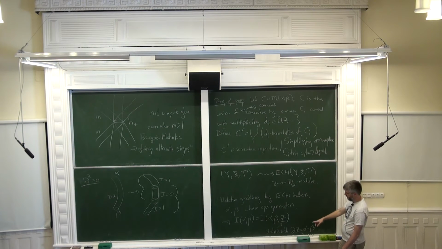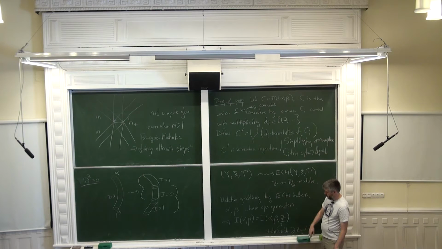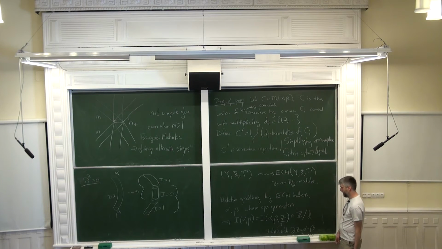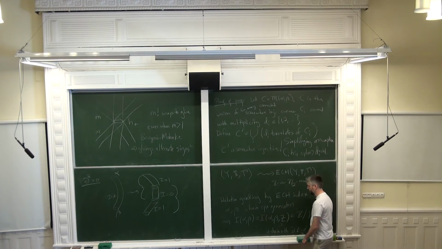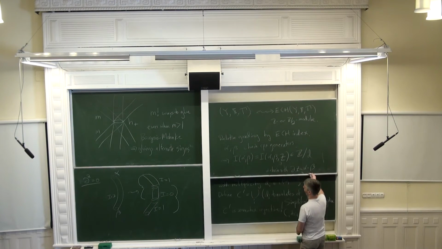So this is a well-defined number modulo something. So this is an element of Z mod D. What is D? So if you change the homology class of this thing, well, here's the formula.